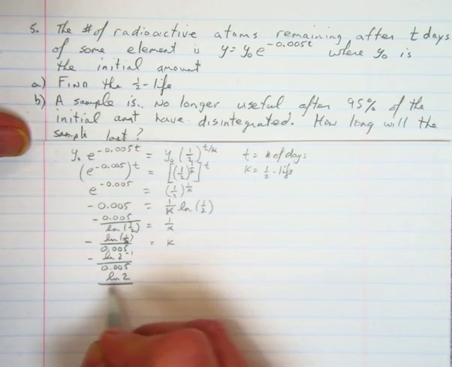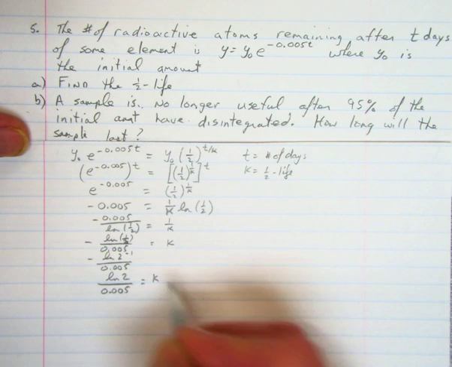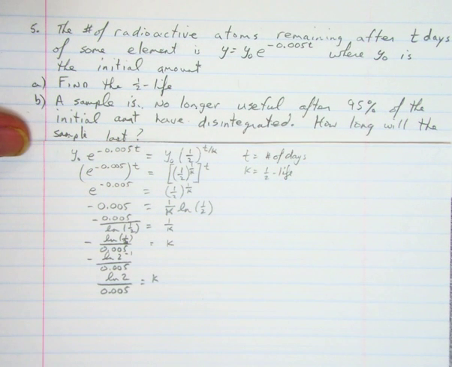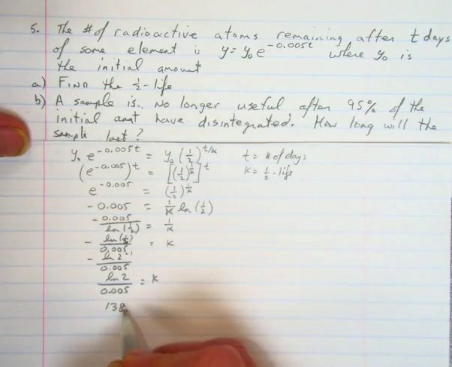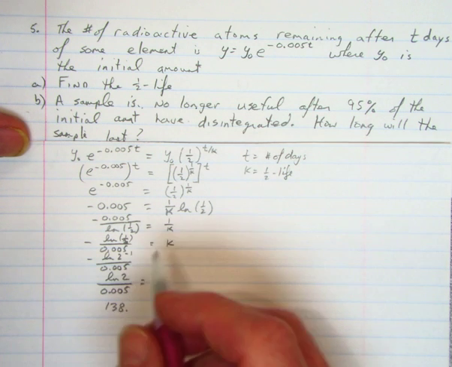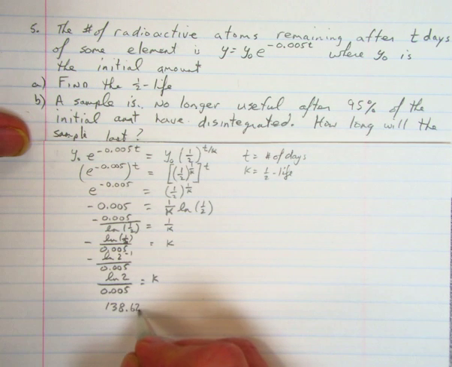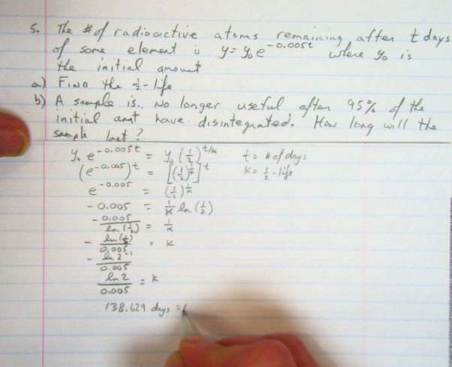So if we had no calculator, we could simplify it to something like this. Since we have our calculator, we just type it in and we get approximately 138.629 days is our half-life.